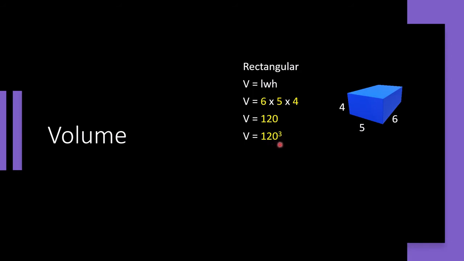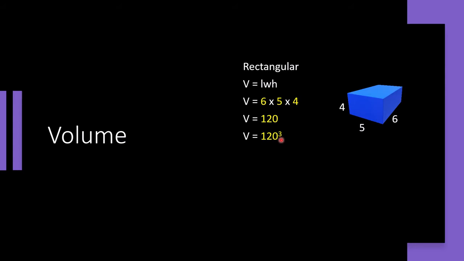Whenever we solve for volume, our result always has to be accompanied by that little bitty 3. Make sure that you select the answer with that small 3, to the third power, because if you don't, you're going to be selecting the wrong answer. So always put that exponent 3 with your result.